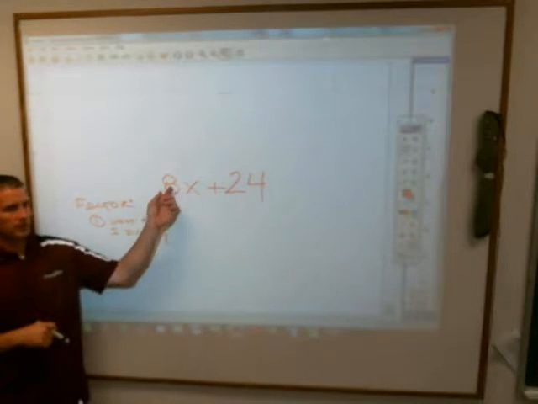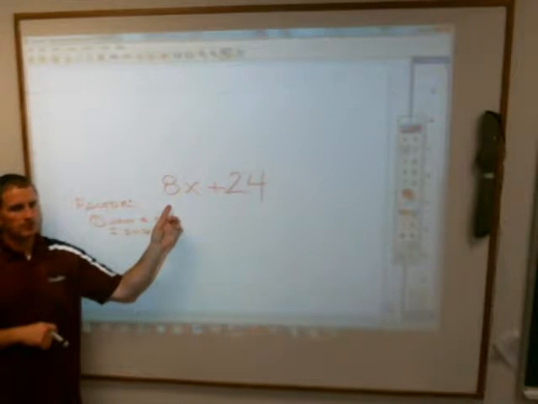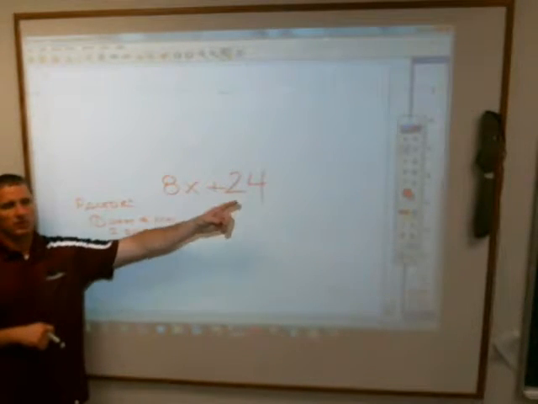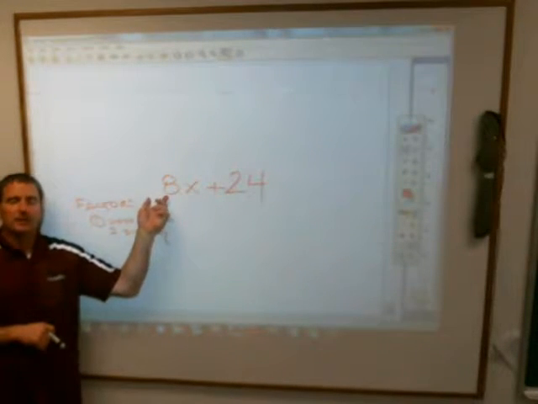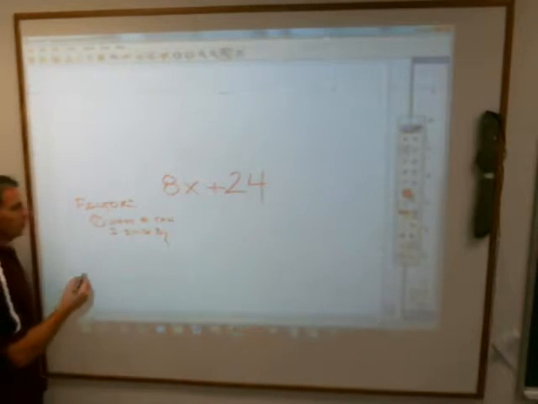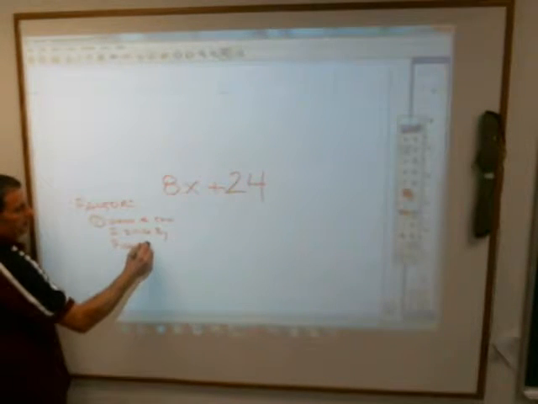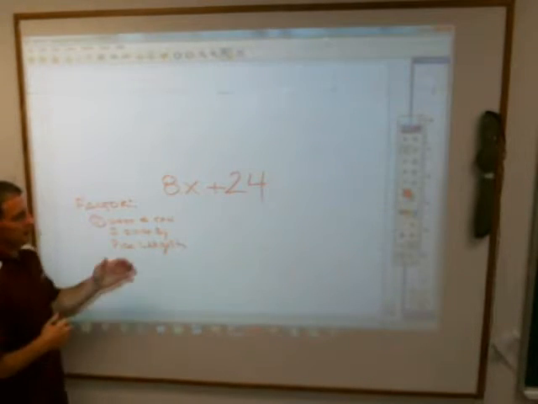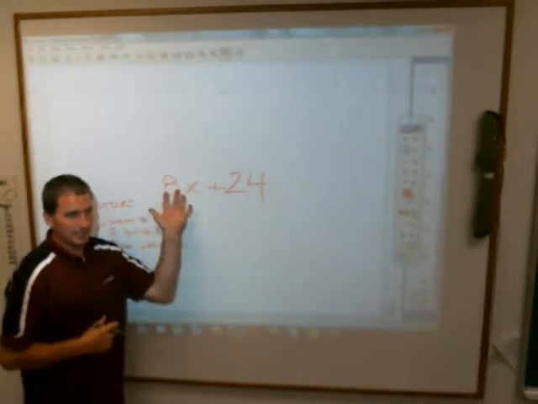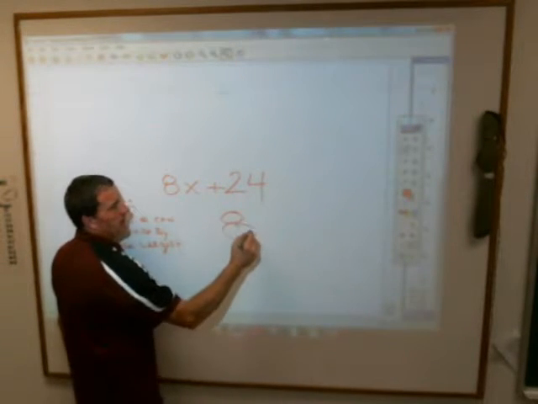Does 2 go into both of these? Yes. Does 6 go into both of them? No. Does 4 go into both of them? Yes. Does 8 go into both of them? You always, always, always want to pick the biggest one you can find. Pick the largest number that'll go into it. So I decide 8 and 24 have a common, the biggest factor of 8. So I write the 8 down.